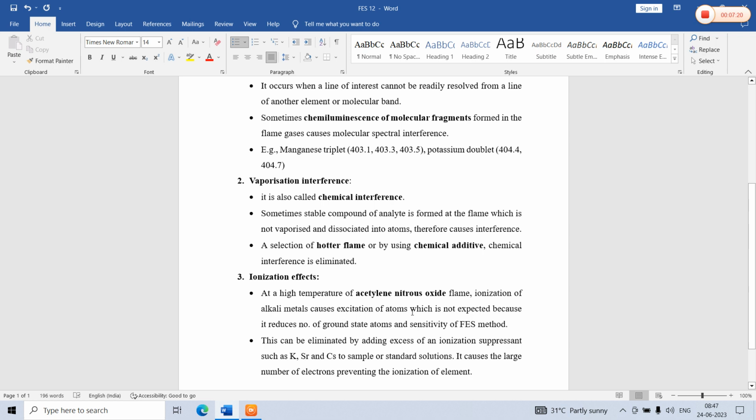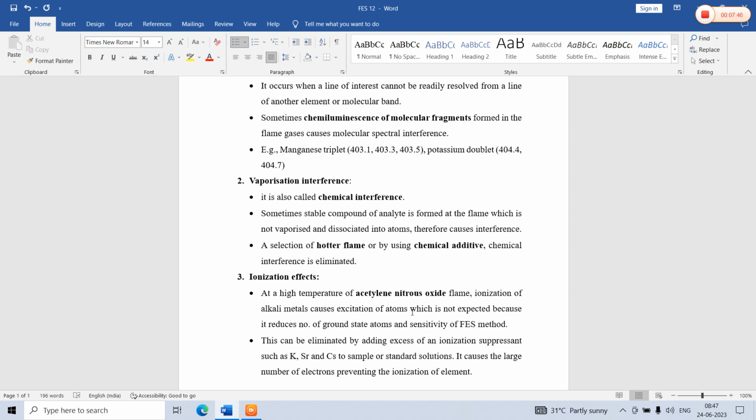So because of the high temperature of the flame, ionization of the alkali metal causes excitation of atoms, which is not expected, because atoms get excited because of the ionization process. This is not expected because it reduces the number of ground state atoms and the sensitivity of the F.E.S method.